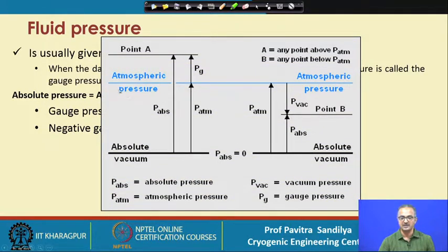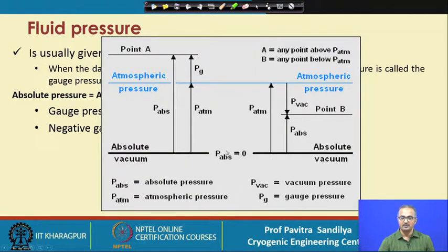Here what we see is that there is this atmospheric pressure and there is one point A. The point A has a pressure which is higher than the atmospheric, and here we call it Pg, and the absolute pressure is P atmospheric plus Pg, where Pg represents the gauge pressure. And somewhere near the bottom we are showing the absolute zero pressure.